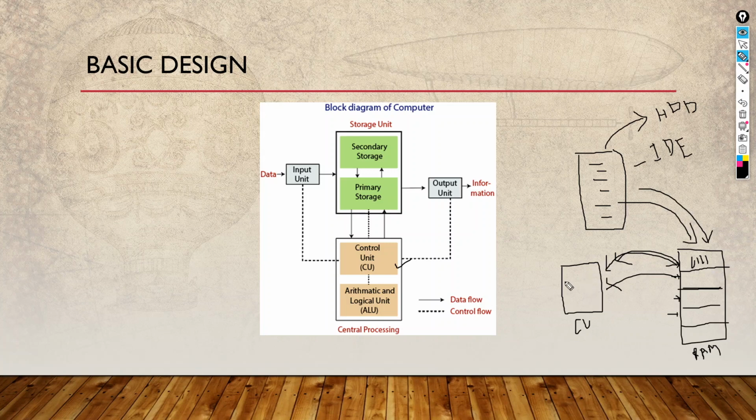It fetches the instructions, decodes and executes them, and then sends the result back to the RAM. This process is called the fetch, decode and execute cycle, or you can say the instruction cycle.